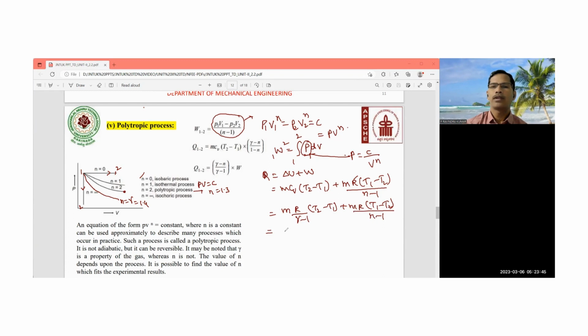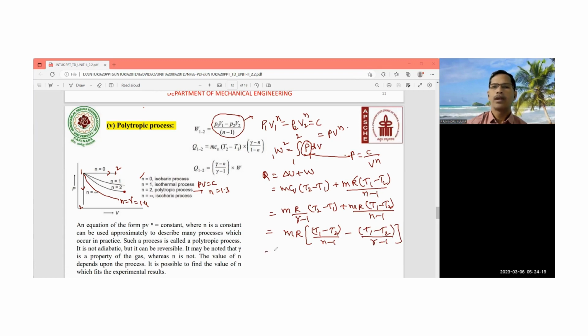So keeping this one, that is mR at the outside, right? So here T2 minus T1 is there. So let me write this one as initially T1 minus T2 divided by n minus 1, and here we are also going to write it as T1 minus T2 divided by gamma minus 1, right?